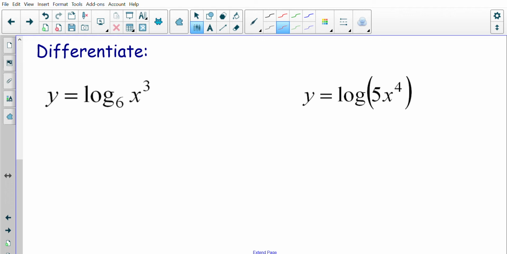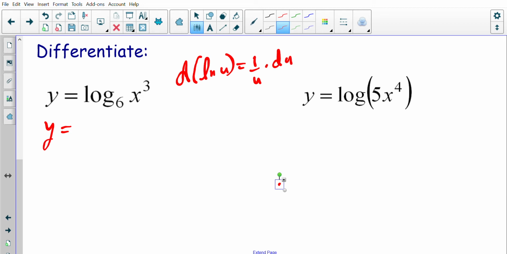What we're going to do is change the right side to base e, because the only rule I have right now is that the derivative of the natural log of u is 1 over u multiplied by the derivative of u.